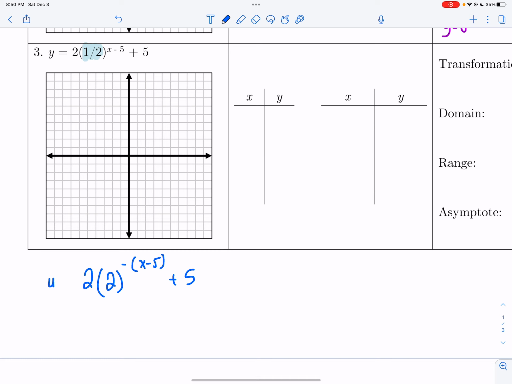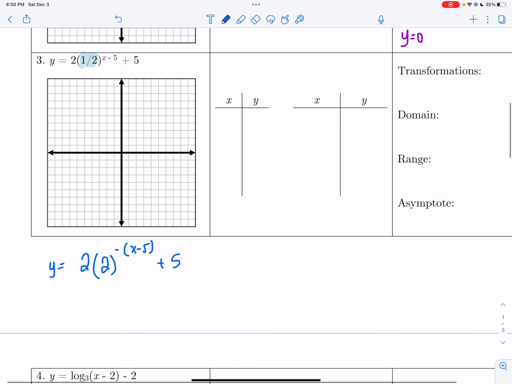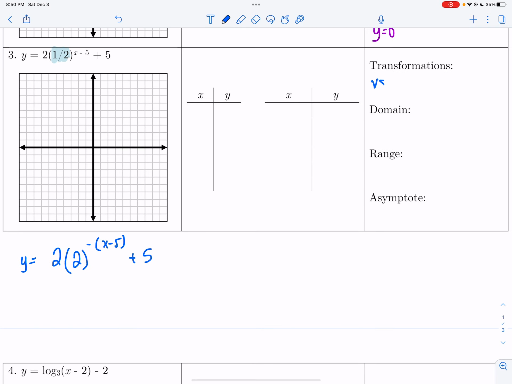So I have 2 times 2 to the negative x minus 5 plus 5. And this gives me transformations of a vertical stretch of 2, a reflection over the y-axis, right 5, and then up 5. Your domain, obviously, negative infinity to positive infinity, and your asymptote is at y is equal to 5.